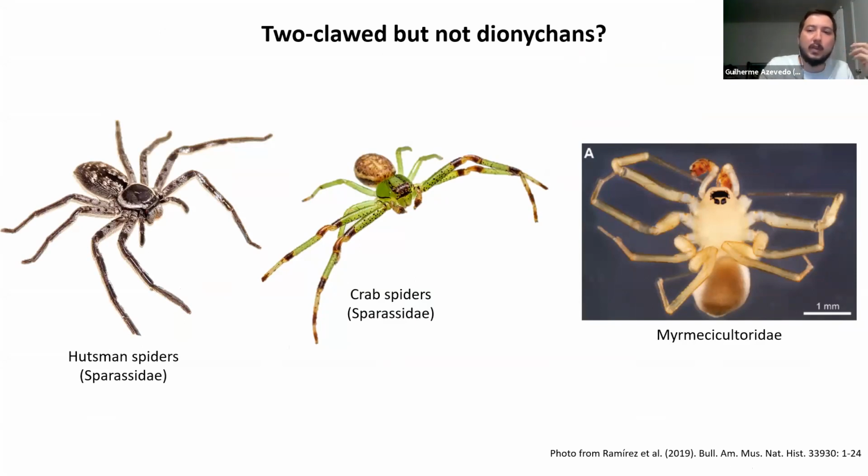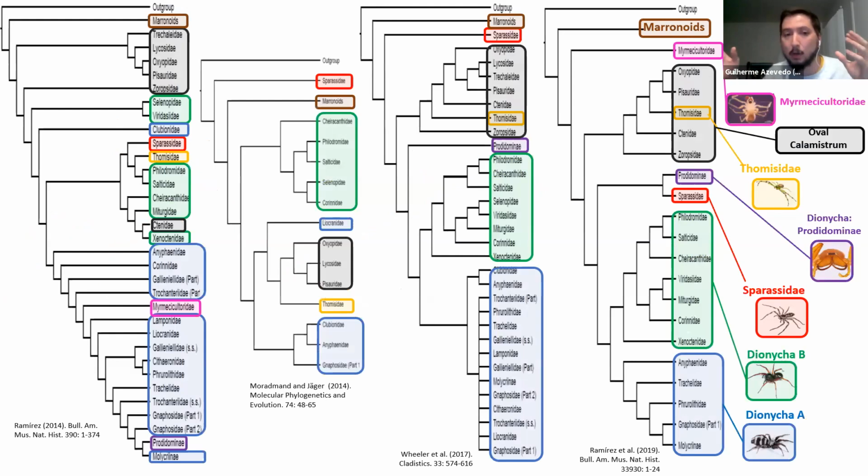All those families have two claws, and they have a lot of characters that link them to some family in Dionycha, but every attempt to put them in a phylogeny has been really not conclusive.